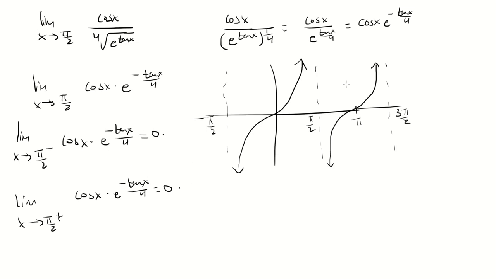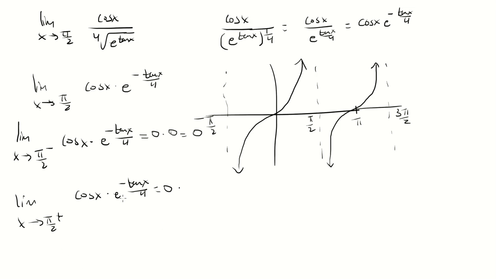Well, as x approaches pi over 2 from the left, that's going to positive infinity. So it's e to negative infinity over 4, really, because you're multiplying the positive infinity with the negative. And so e to the negative infinity goes to 0. So both of these limits go to 0, and when I multiply them, 0 times 0 is 0.